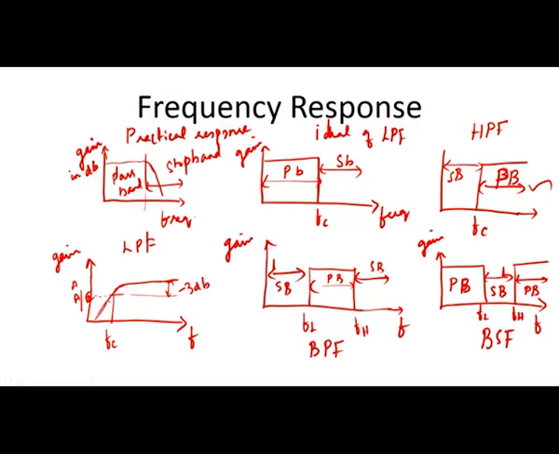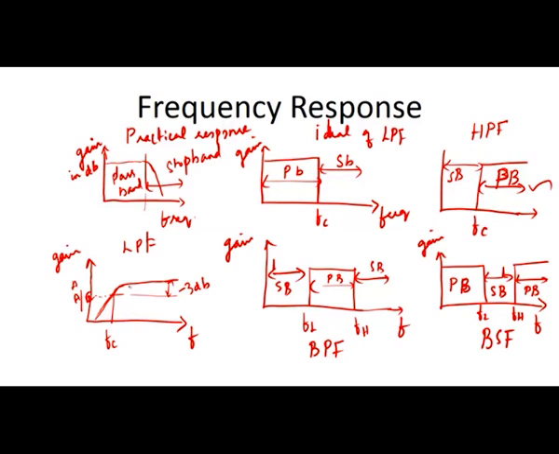So, the rate of increase in the stop band, for the first order low pass or high pass filter, is plus 20 dB per decade. Instead of a zero stop band, we have some signals which are allowed to pass through the filter, and that is the practical response of the high pass filter.